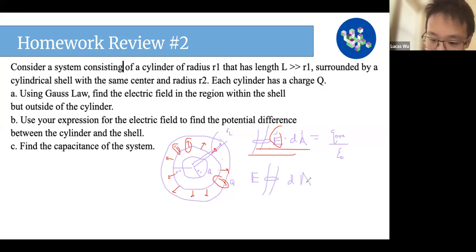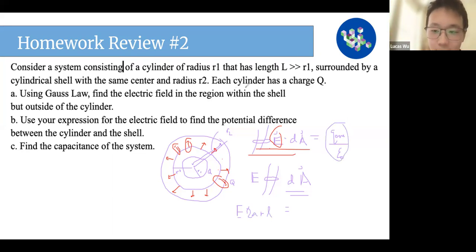And dA is just the surface area of the cylinder, not including the bases, just the side part of the cylinder. So that would be E times 2 pi r times some length L, and that equals Q enclosed over epsilon zero.